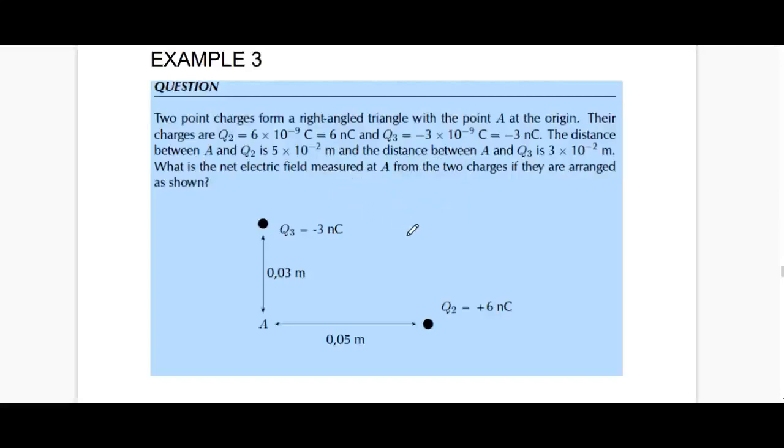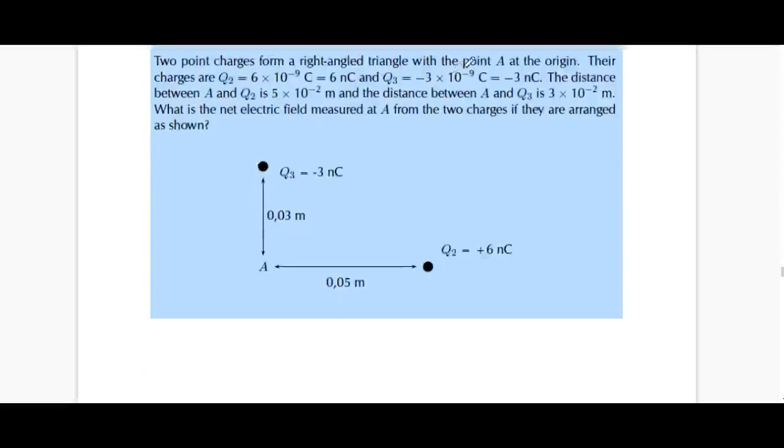So let's just focus on the diagram. Now we have a right angled triangle there. So this is our A, 0.03 here, 0.05 here.